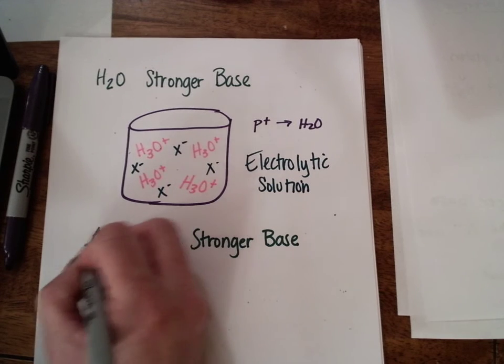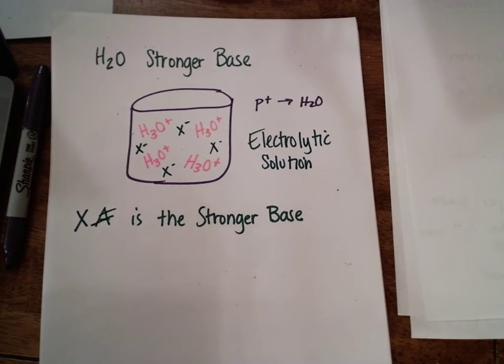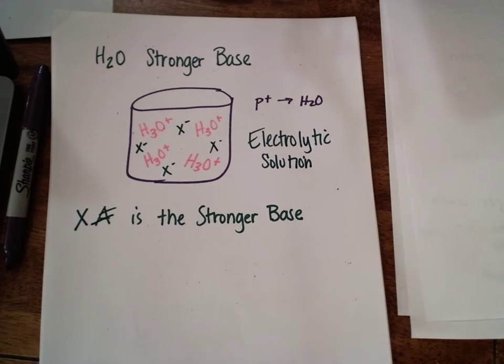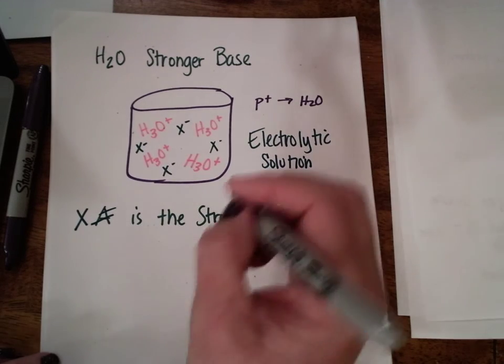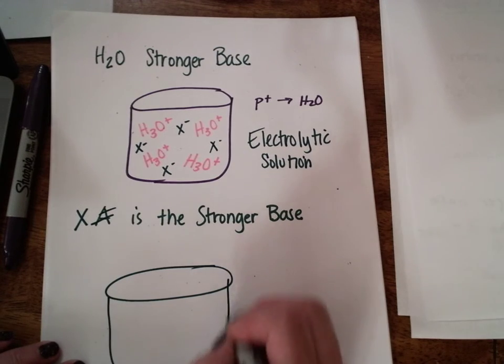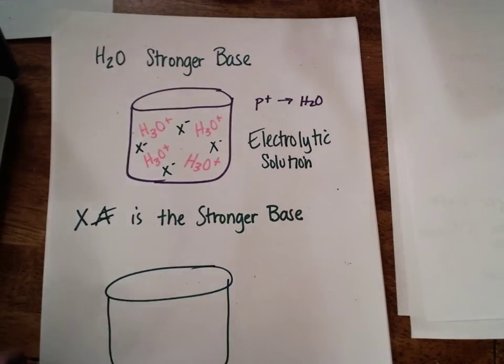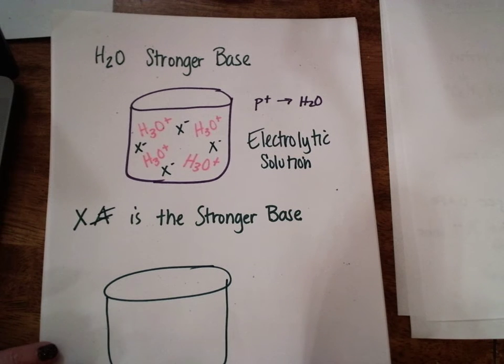So in this case, my X is my stronger base. So water is the stronger base, ends up looking like that when I've got X, my X from above, as the stronger base. I'm going to end up with that X getting the proton that's donated, or getting that hydrogen.